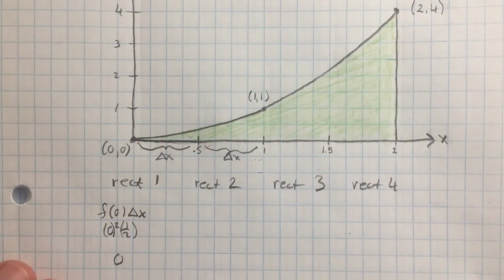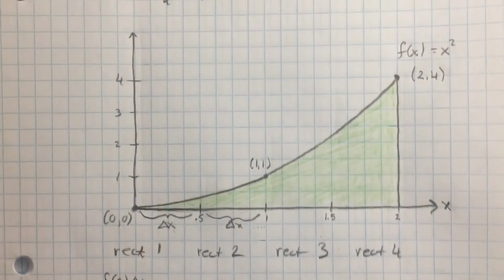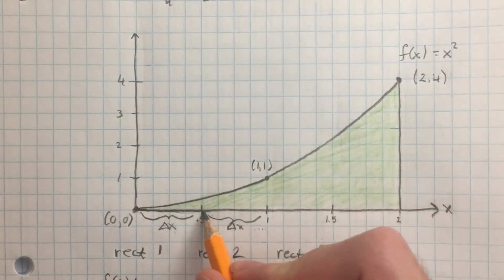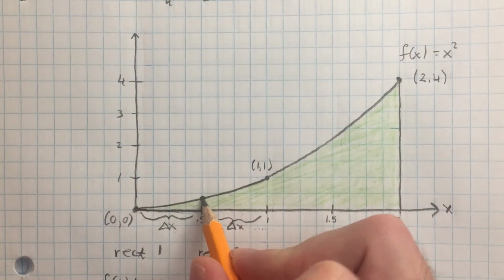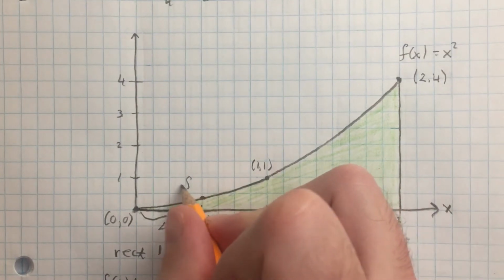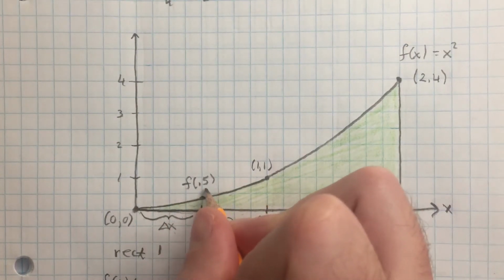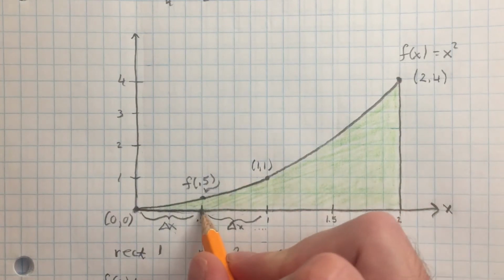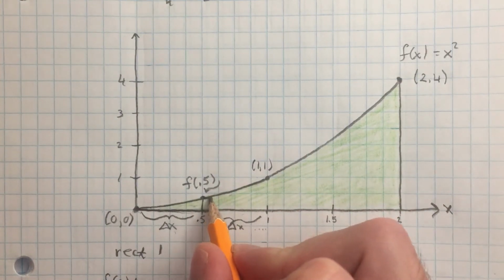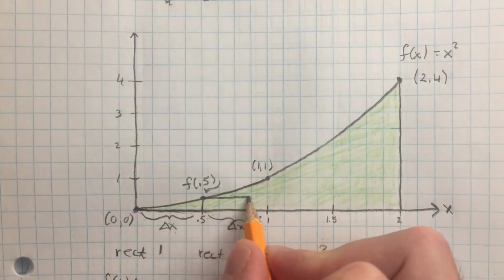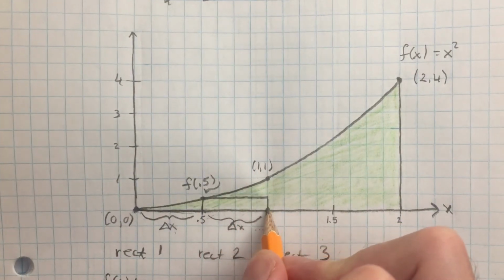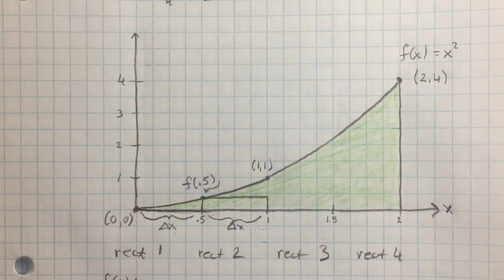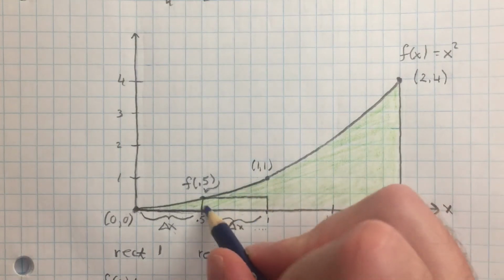All right, so using left endpoints, here's our left endpoint of the second interval. Mapping up to the curve, the height is f of 0.5, of course. That's that height there. Then drawing a rectangle height over to the side and down, there is our first substantial rectangle.